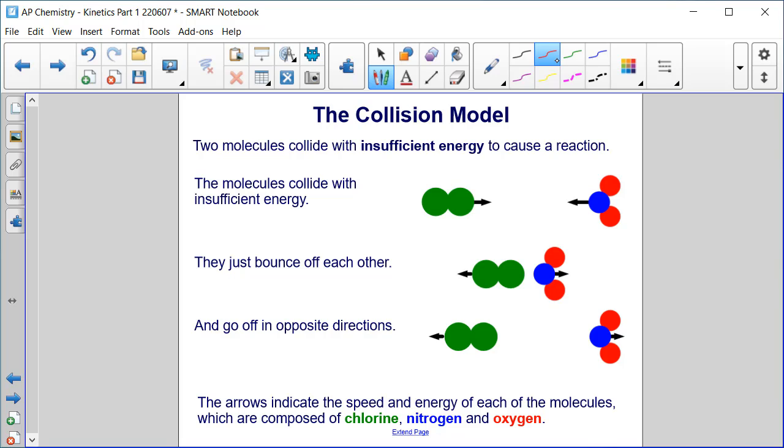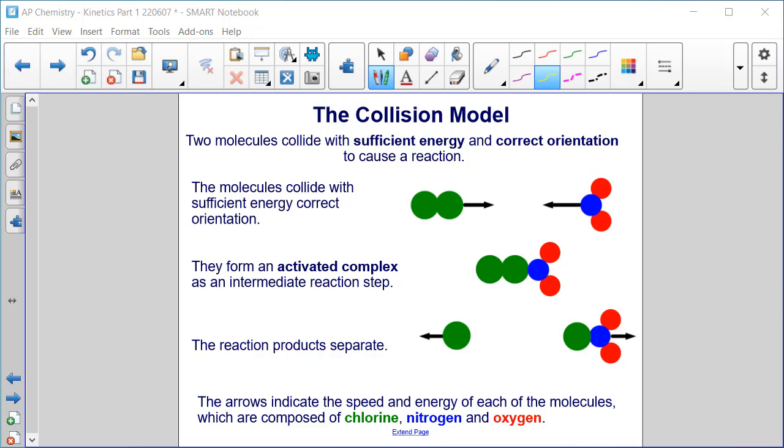So in this first case, we're saying the molecules collide with insufficient or not enough energy to cause a reaction. If that happens, if they collide, but there's not enough energy for the reaction to occur, they just bounce off of each other and go in opposite directions. The arrows indicate the speed and energy of each of the molecules, which are composed in this case of chlorine in green, nitrogen in blue, and oxygen in red.